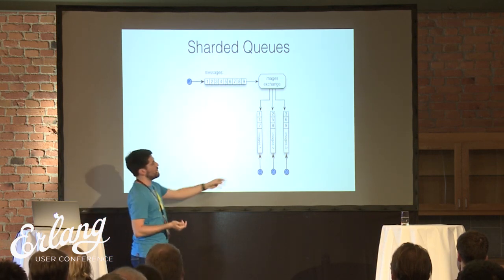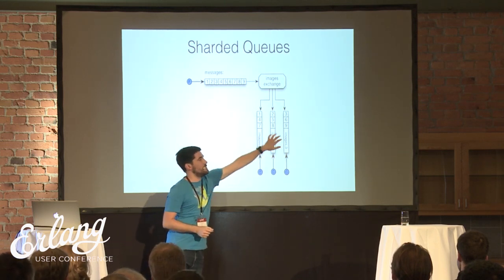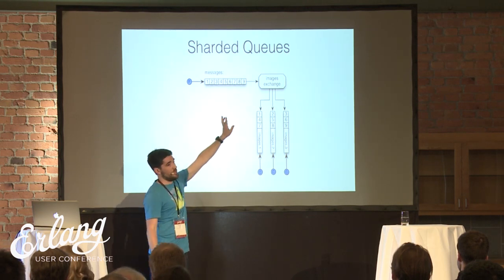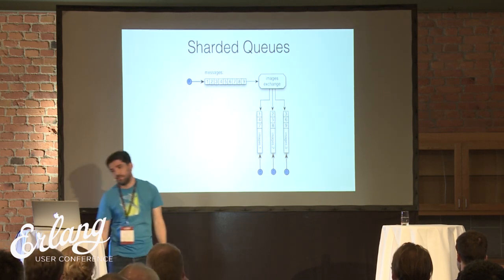That's why, for example, you can create queues called images1, images2, images3, so they are actually different queues for RabbitMQ. And then with an exchange, which is either modulo hash or consistent hash, you can do the partitioning.